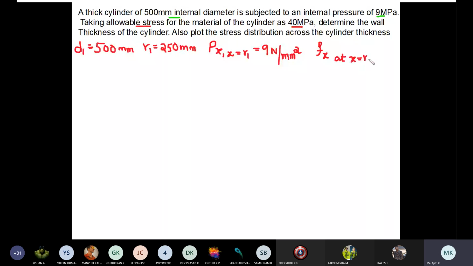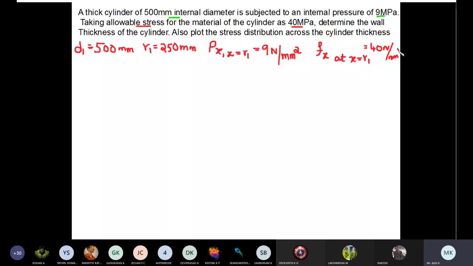So whatever allowable stress is given, allowable stress, hoop stress, circumferential stress, are one and the same. So this is at the inner surface. So Fx is equal to 40 Newton per mm square. You have to find out what is the thickness of the cylinder.